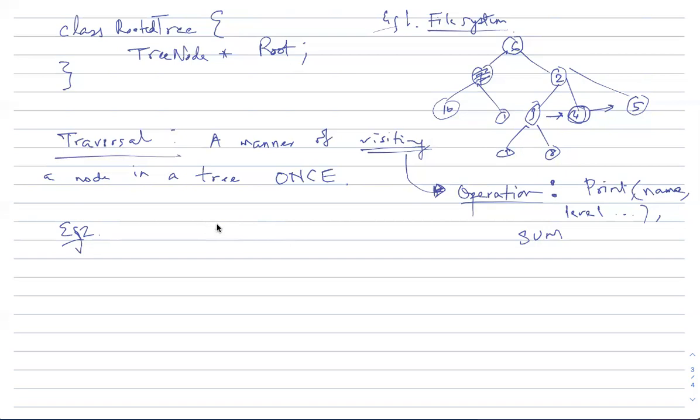How about if I write an expression like this? A plus B multiplied by C. Now, depending on the precedence of the operation, the tree will get organized, right? So you would like to perform multiply first.